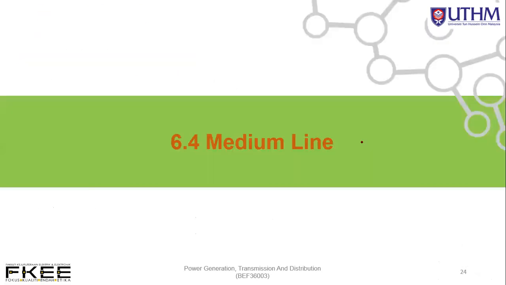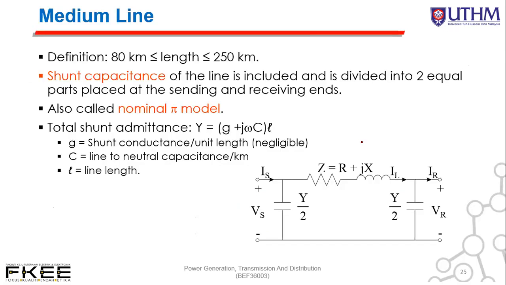Now we look at the case of the medium line model. The definition of a medium line model is a length between 80 kilometers and 250 kilometers. For a short line, less than 80 kilometers; for a medium line, 80 to 250; and for a long line model, more than 250 kilometers.